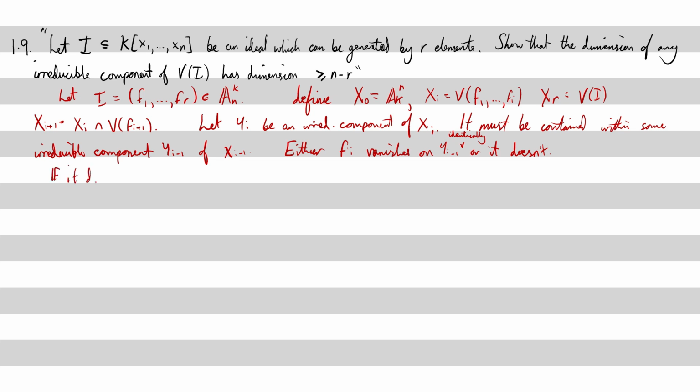If it does, then Y(i-1) equals Yi. Otherwise, Yi is an irreducible component of Xi, which equals X(i-1) intersect V(fi), contained within Y(i-1) intersect V(fi).